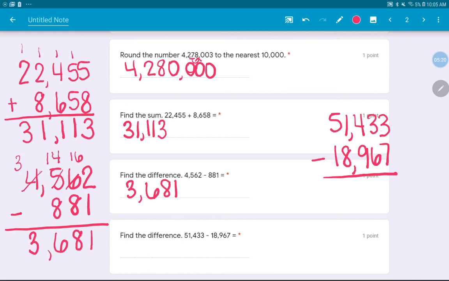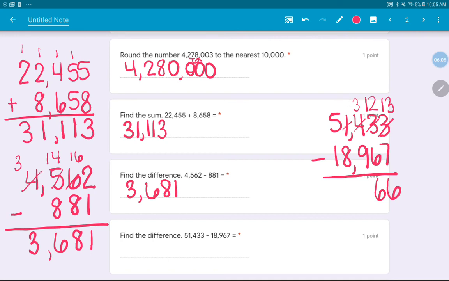3 minus 7. You can't do that, so you go to the other 3 and X that one out, and then you would put a 2, and then you would put a 13, and 13 minus 7 is 6, and then you'd have to borrow from the 4, so that would be 3, and then the number would be 12, and 12 minus 6 is 6, and then you can't do 3 minus 9, so you'd have to borrow again.